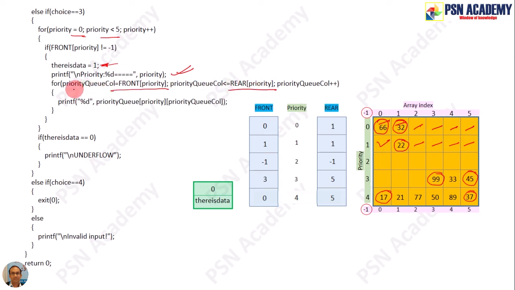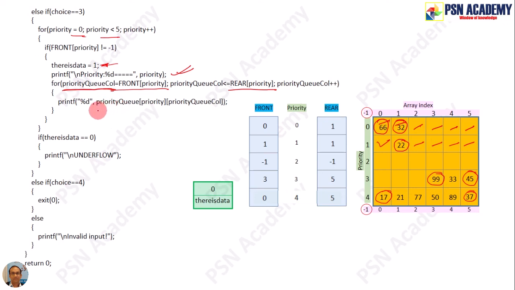The controller of the for loop is priority queue call. This is the column number provided by front priority and rear priority. That means from which column this for loop will run and up to which column. That is why I have given priority queue call.